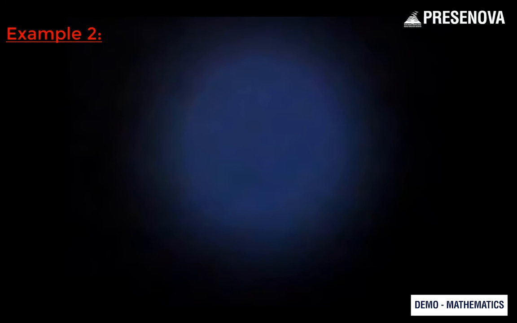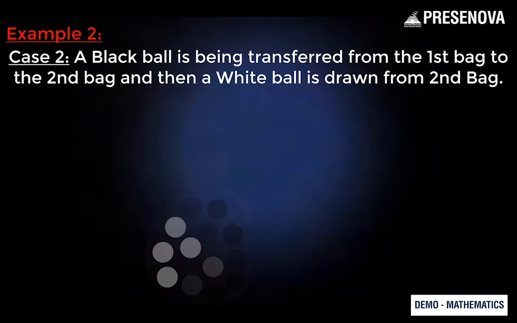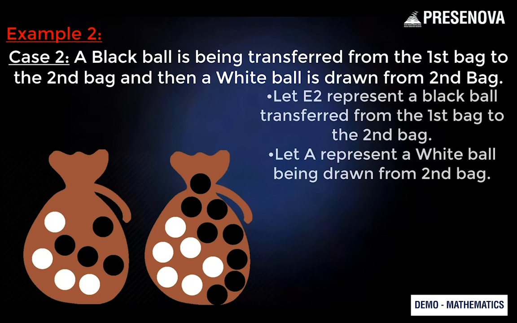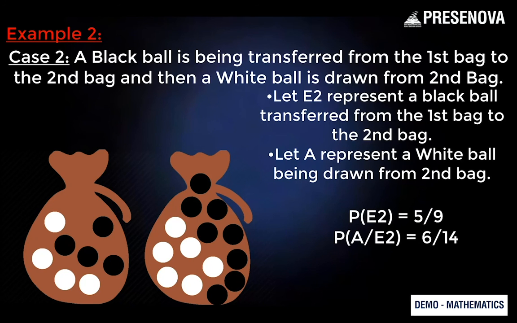Now, let us take a look at case 2. In case 2, a black ball is being transferred from the first bag to the second bag, and then a white ball is drawn from the second bag. Let E2 represent a black ball transferred from the first bag to the second bag, and let A represent a white ball drawn from the second bag. P of E2, or the probability of a black ball being transferred, is equal to 5 by 9, as the first bag contains 5 black balls and 9 balls in total.